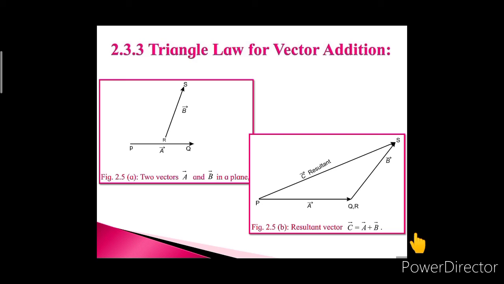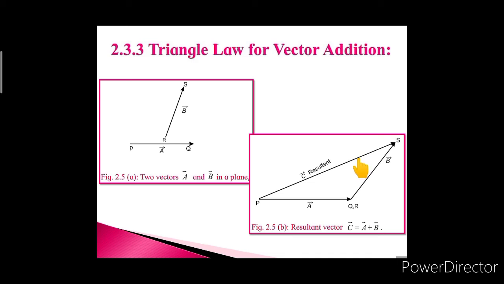So by the triangle law of vector addition, if two vectors describing the same physical quantity are represented in magnitude and direction by the two sides of a triangle taken in order, then their resultant is represented in magnitude and direction by the third side of the triangle.